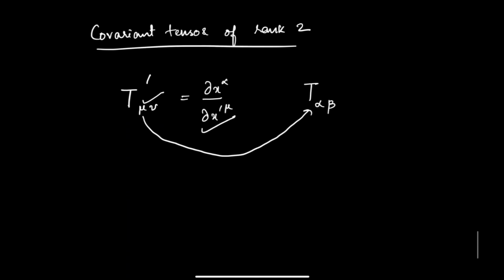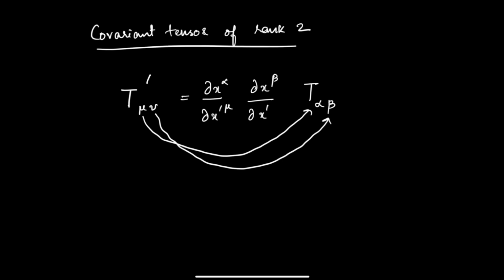That is the difference. Okay. And for this transformation, you have to write partial derivative of x beta with respect to x prime nu. So this is the transformation rule for a covariant tensor of rank 2.